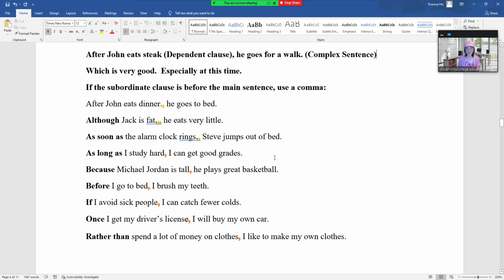Now, if the dependent clause is at the beginning of the sentence, you need to put a comma. Example: after John eats dinner, comma, he goes to bed. Although Jack is fat, comma, he eats very little. As soon as the alarm clock rings, comma, Steve jumps out of bed.